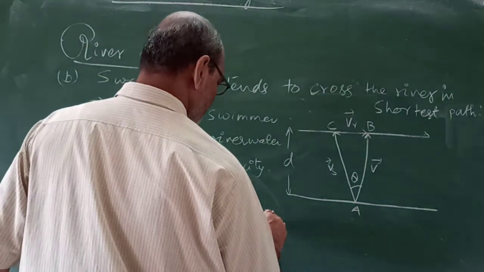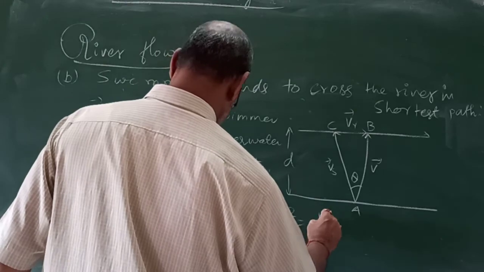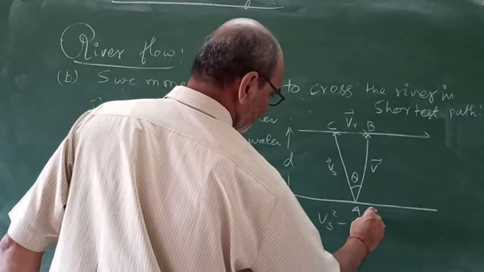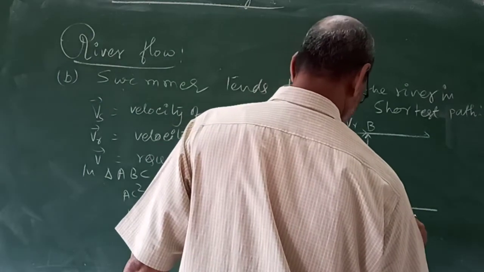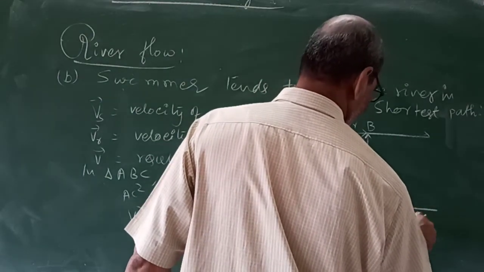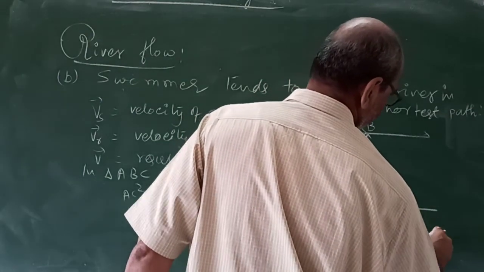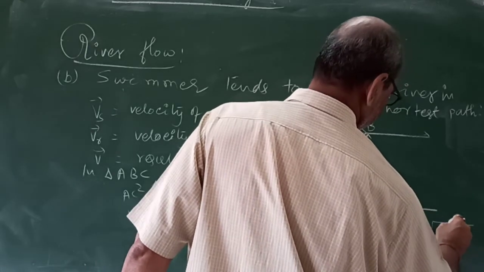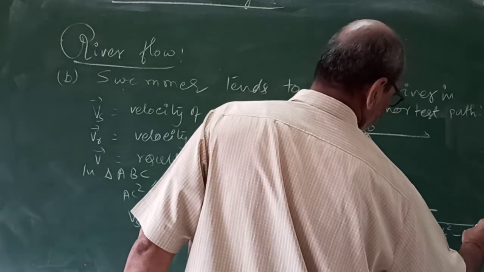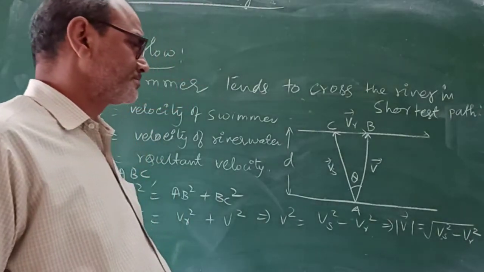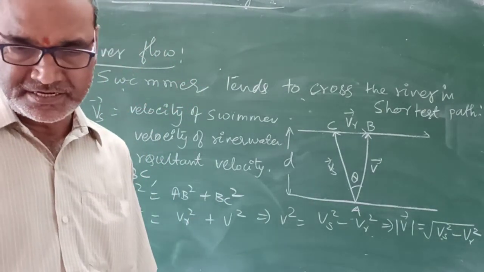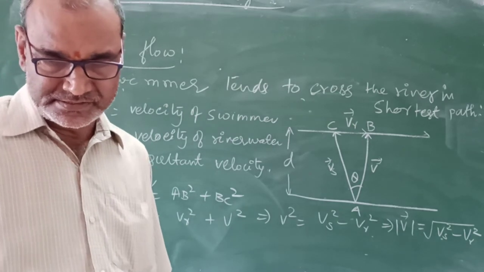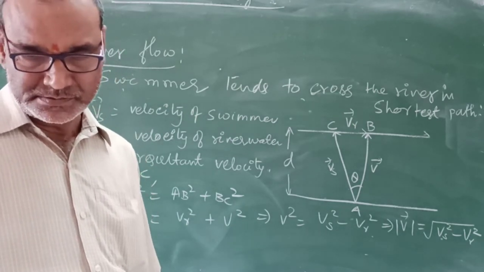Therefore V square is equal to Vs square minus Vr square. Therefore the modulus of the resultant velocity V is equal to root of Vs square minus Vr square. In this way we can find the resultant velocity of the swimmer.